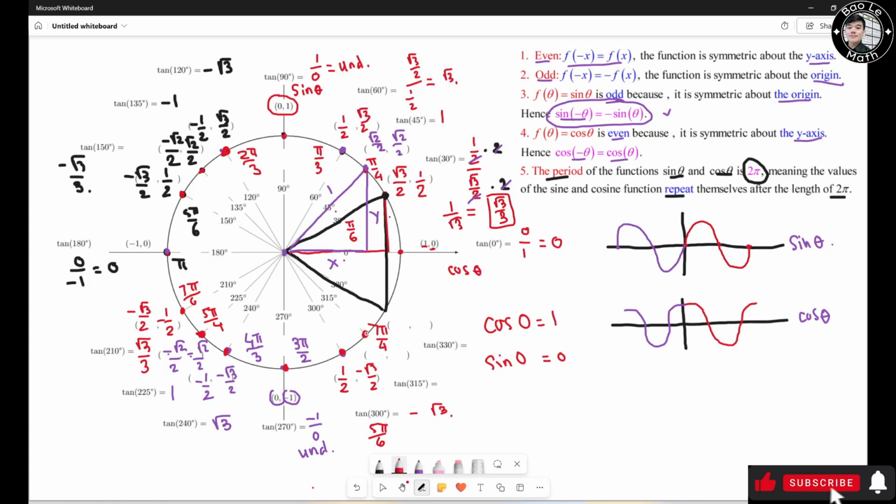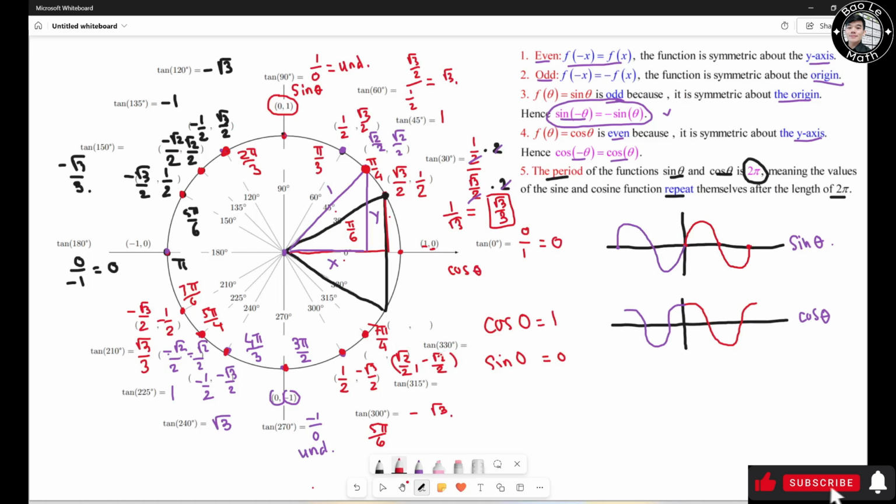You can use this guy as the reflection point of this guy right here over the x-axis, right? So x should be the same, y should be opposite. So x should be root 2 over 2, y should be negative root 2 over 2, right? So this is for 7 pi over 4.